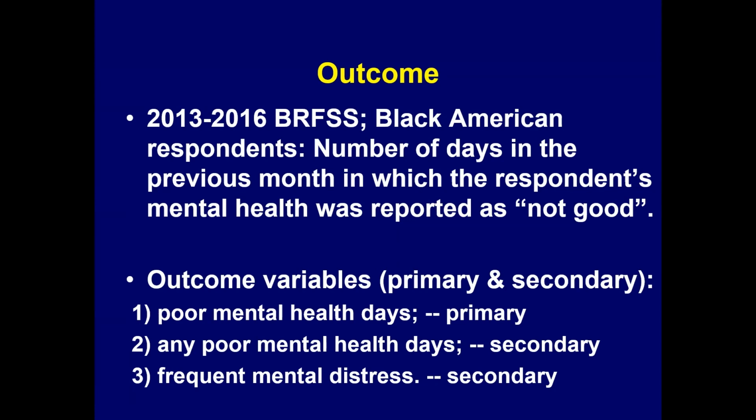One is a binary variable for any poor mental health days during this period, and the other is frequent mental distress, which is defined as whether or not an individual reported 14 or more days of poor mental health in the prior month. This measurement has also been widely used to quantify the population prevalence of frequent mental distress because it correlates with severe mental health conditions.